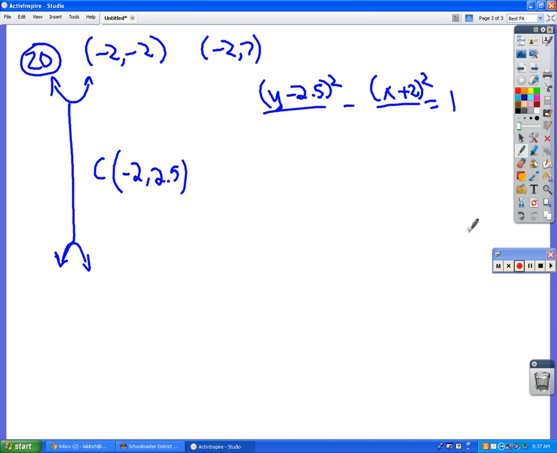Now we already know what a is without using that slope. What's the distance from the center to the vertex, from the middle to there? That's a. How far is that? 7 minus 2.5 is 4.5.